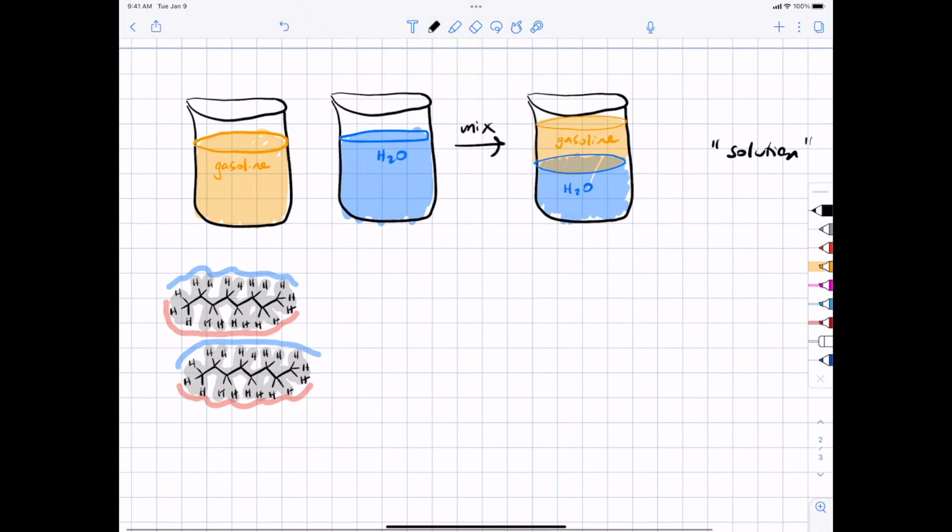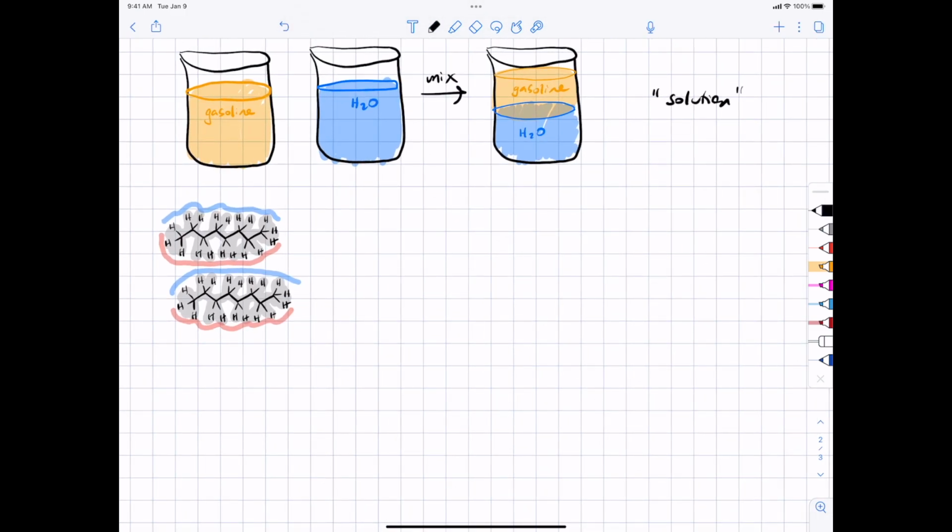So let's evaluate the strength of this interaction in terms of enthalpy and entropy. In the gasoline just on its own, the enthalpy of the interaction is, well, you've got these weak van der Waals interactions. VDW means van der Waals, or induced dipole interactions.